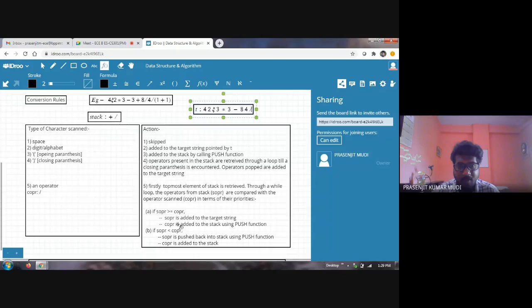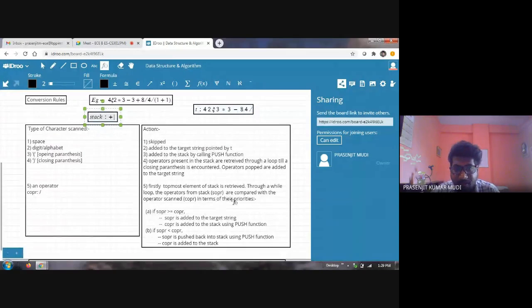Okay, so I think one slight change we have to write in the rule, because what will happen then, this is the first iteration of the while loop. So let me remove this, then you will understand. So this is done. So this division goes to target string.